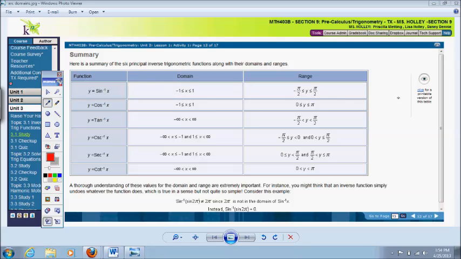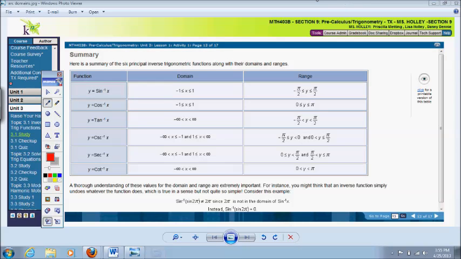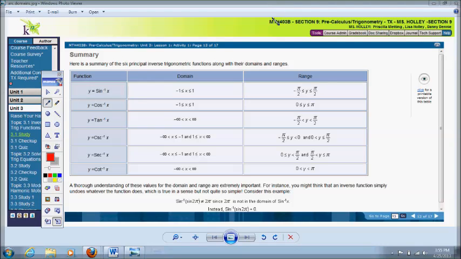For example, you may have an inverse trig function that looks like this. Well, as you can see, this would fail the vertical line test.